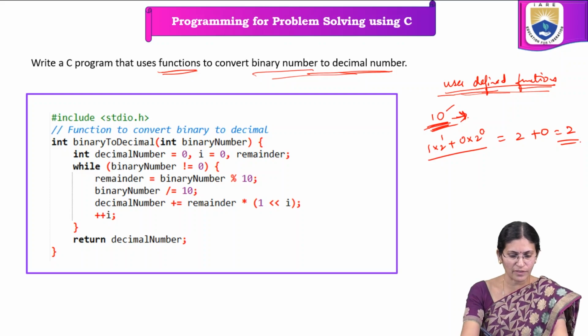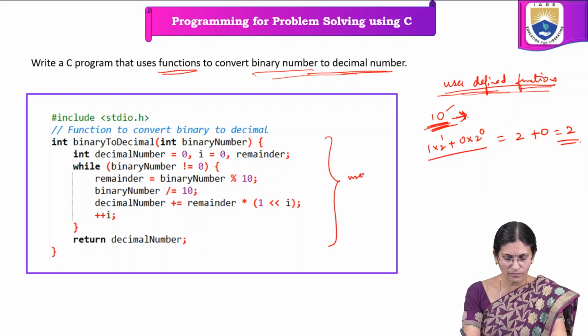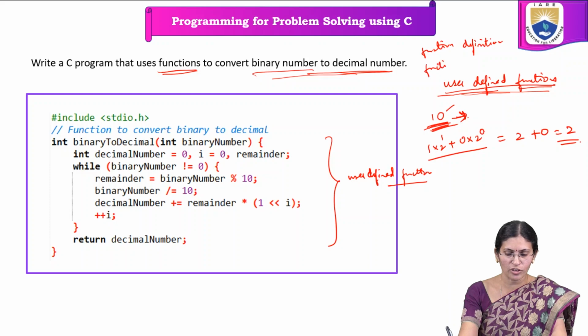Here we have defined the user-defined function. Any user-defined function mainly has 3 elements: first, function definition, then function call, and then function prototype.